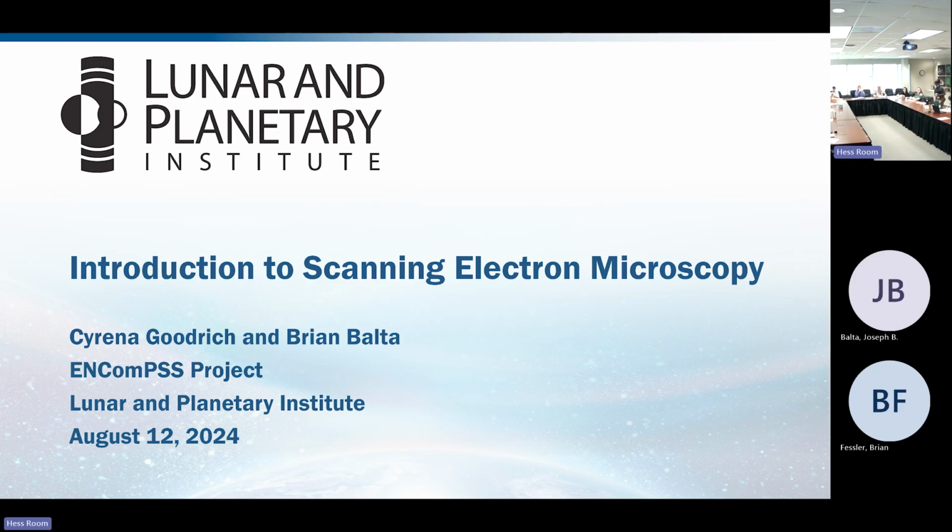on. Okay, so we are going to now start our introduction to scanning electron microscopy. This is my version of a class type setup, including theory and operation.